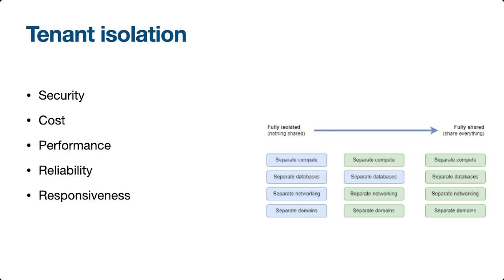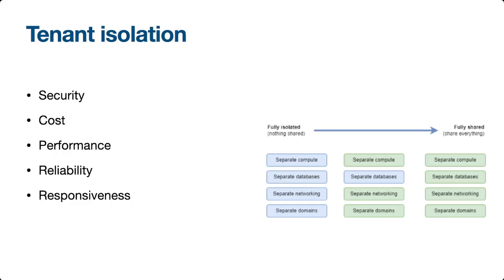So think about tenant isolation from a performance perspective as well. And from a reliability perspective, if you're using a single set of shared infrastructure, a problem with one tenant's components can result in an outage for everyone. So think about how the components interact with each other, and think about how you're going to handle downtime, and how downtime will affect either individual tenants, multiple tenants, or all tenants.